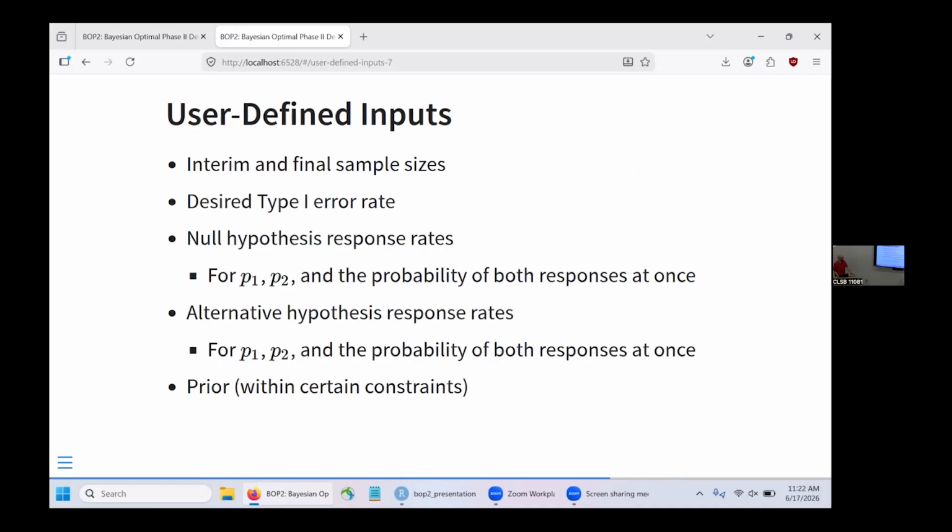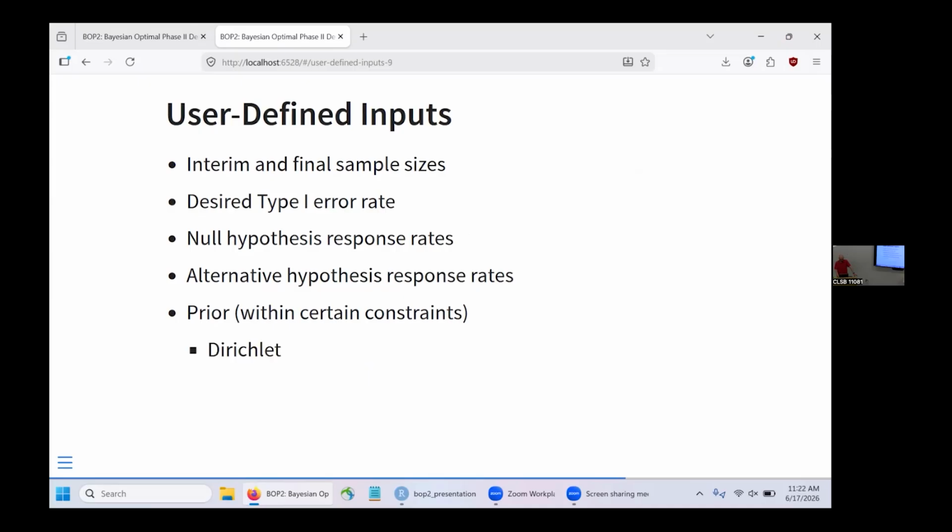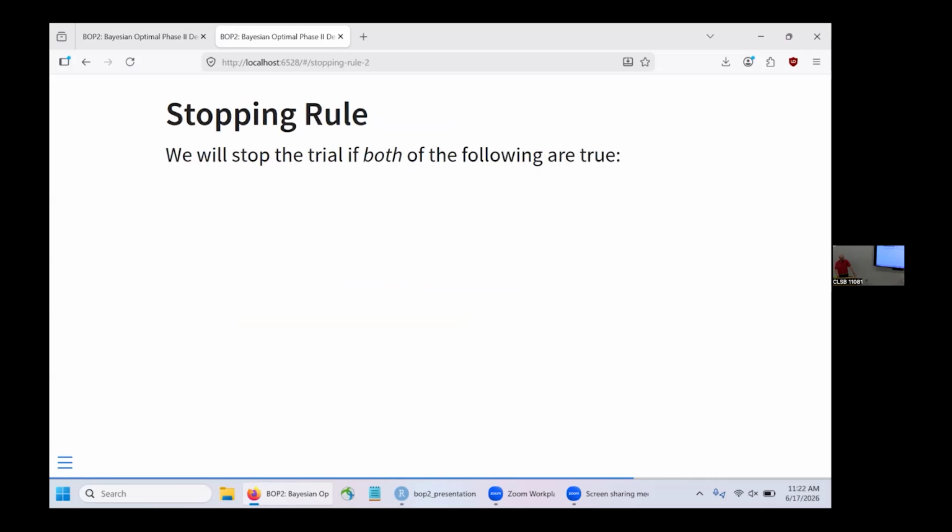We do have to provide P1, P2, and the probability of both responses at once, so again we have to provide the probability of the intersection, or the joint probability. Then we have to provide a prior within certain constraints, those constraints being that we're using the Dirichlet. Like I said, we're stopping the trial if both of these are true.